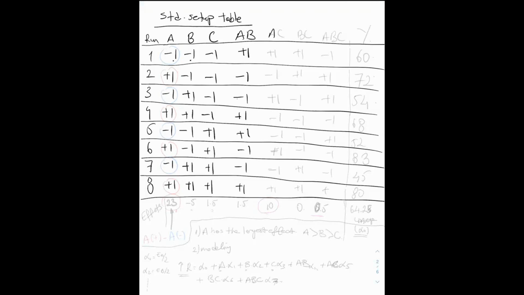Similarly, when I look at the interaction of A and C, this will be plus 1, minus 1, plus 1, minus 1, minus 1, plus 1, minus 1, and plus 1.